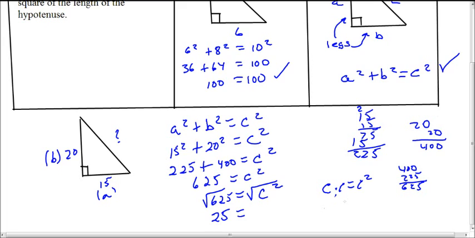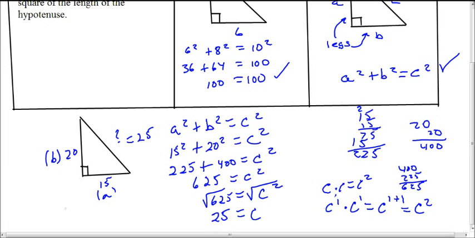So we're looking at C to the first times C to the first, which is, you add the exponents, C to the 1 plus 1, which is C squared. So since the square root of C squared is C, then we see that what we're looking for as a hypotenuse is 25.